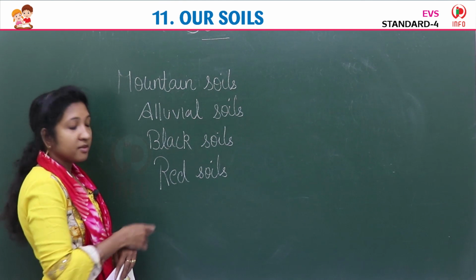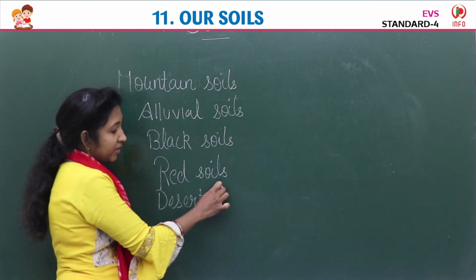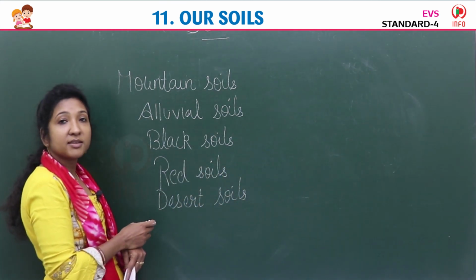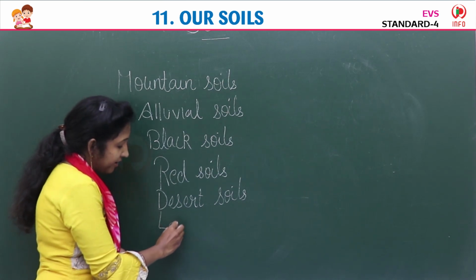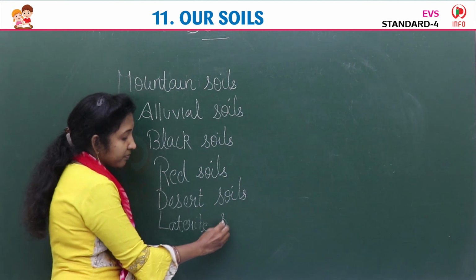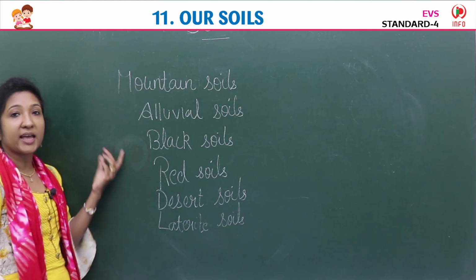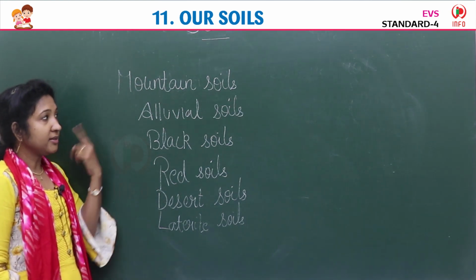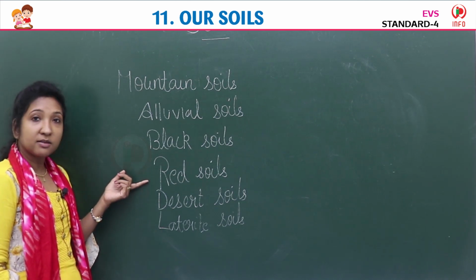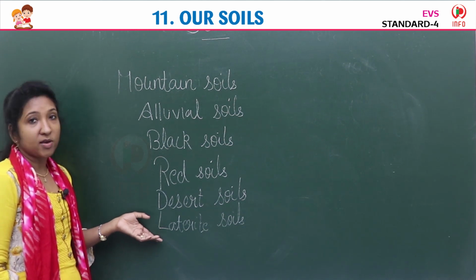Then we learned about desert soils. Then one more soil we learned, which is called laterite soil. So these are the major soil types we learned: mountain soils, alluvial soils, black soils, red soils, desert soils and laterite soils.